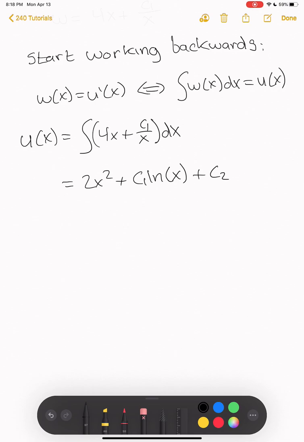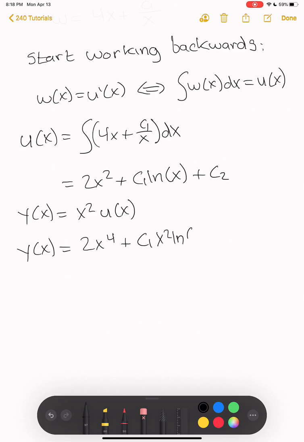All right, so there's a u. And then the last thing that we need to do is we know that we said y of x has to be equal to x squared times our new function u. So we just multiply it by x squared. So y of x is equal to 2x to the fourth plus c1 x squared log of x plus c2 x squared.